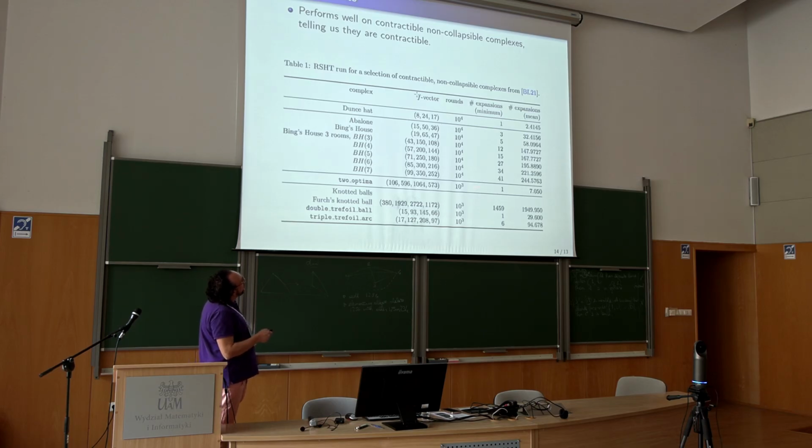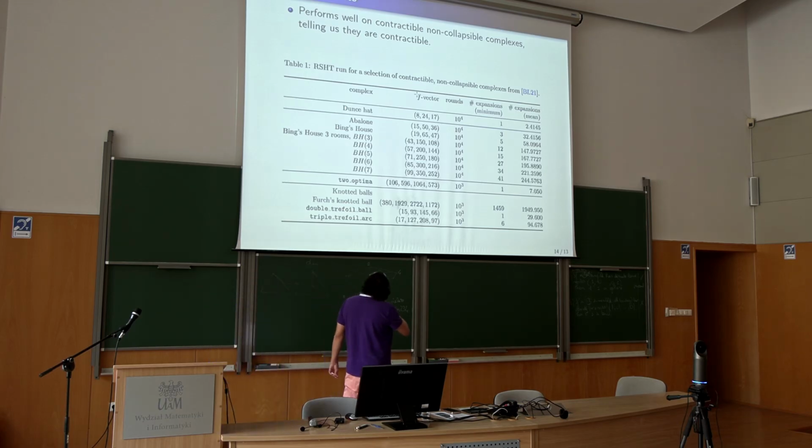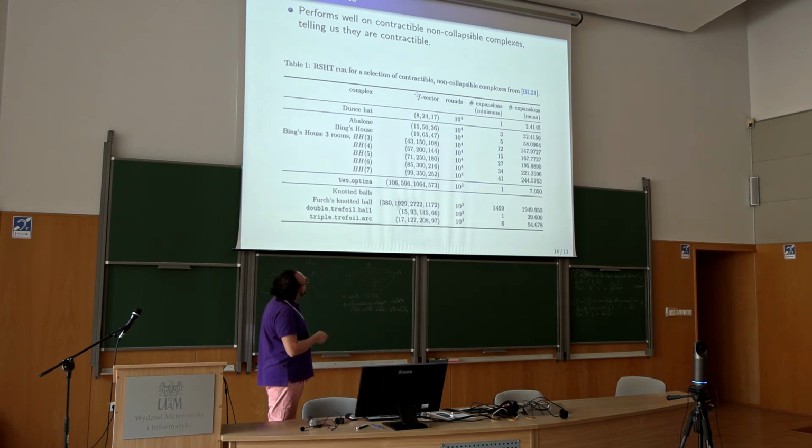However, you can see the comparison between the f vector and the number of expansions. And as you can see, this is reasonably close. So, for example, this is a ball that contains a triple trefoil realized with just one edge, plus a boundary path that takes you back.